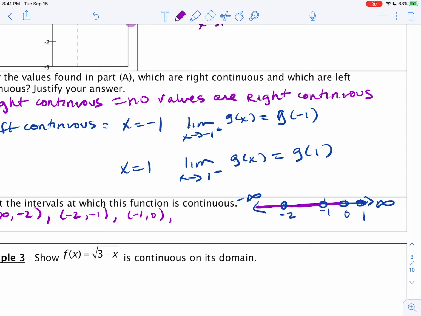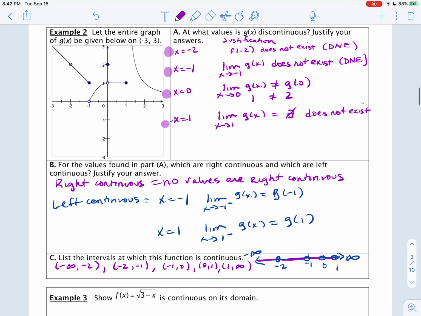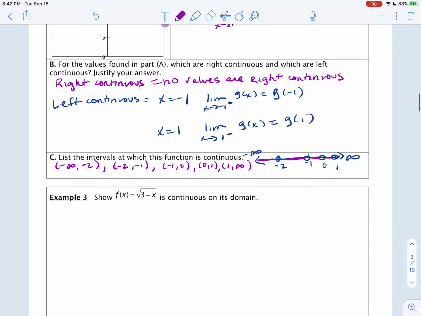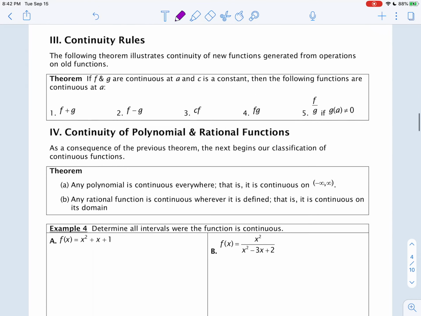And we don't include them, that's why we don't have square brackets. We want to go from 0 to 1. And then we want to go from 1 to infinity, right? Those are the intervals where we do have function output. So wherever you see solid lines, you'll know that they're continuous at all of those points in there.